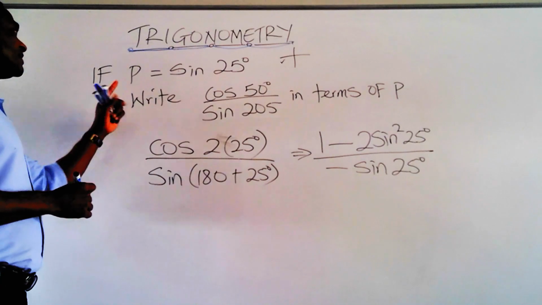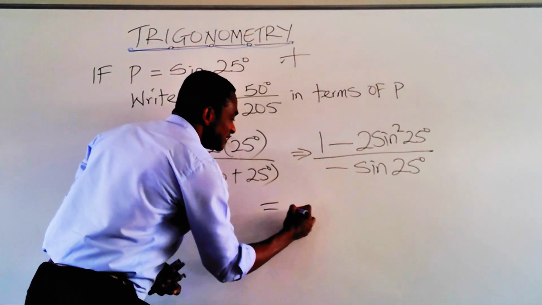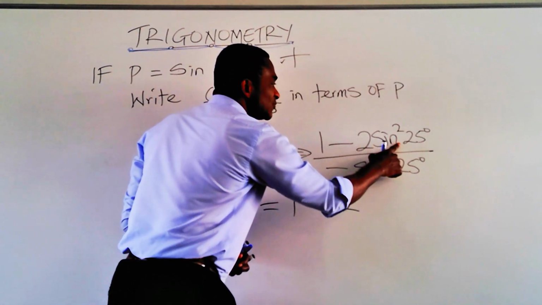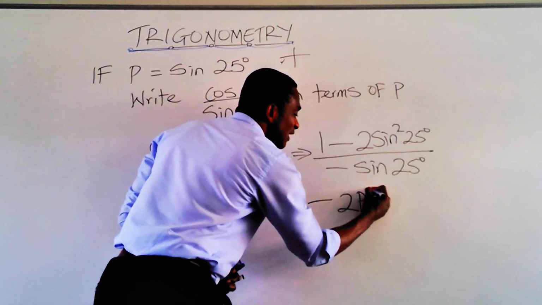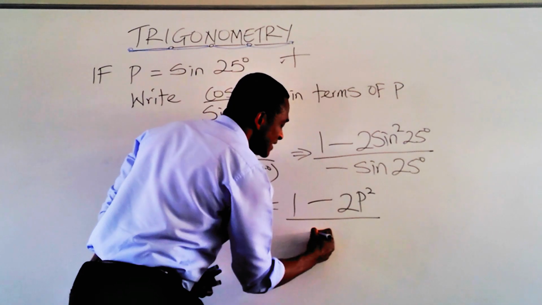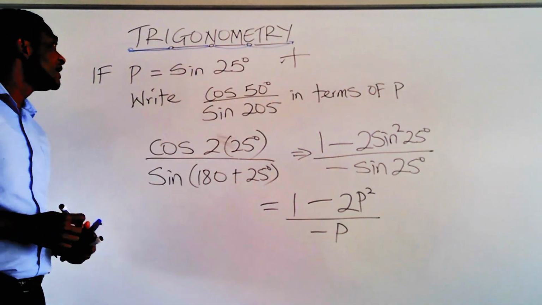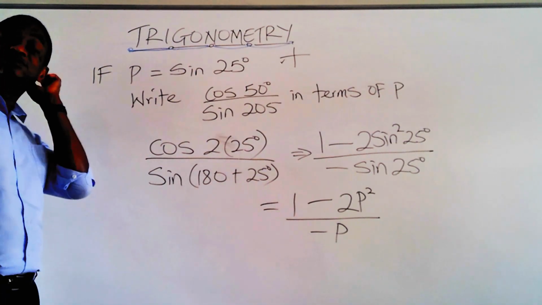Now, they say that p is sine of 25, so we replace p anywhere we see sine 25. So this will give us 1 minus 2 p all squared, divided by negative p. And this is our answer in terms of p.